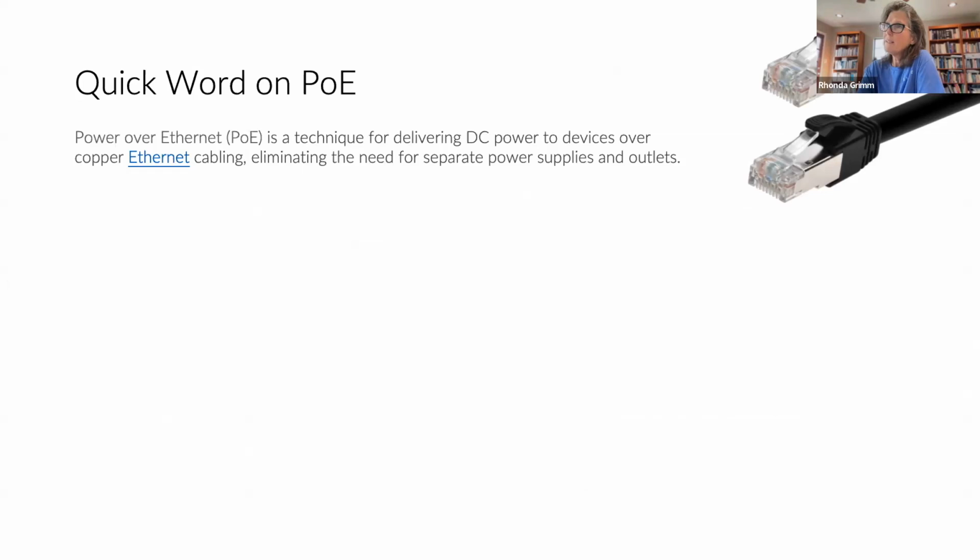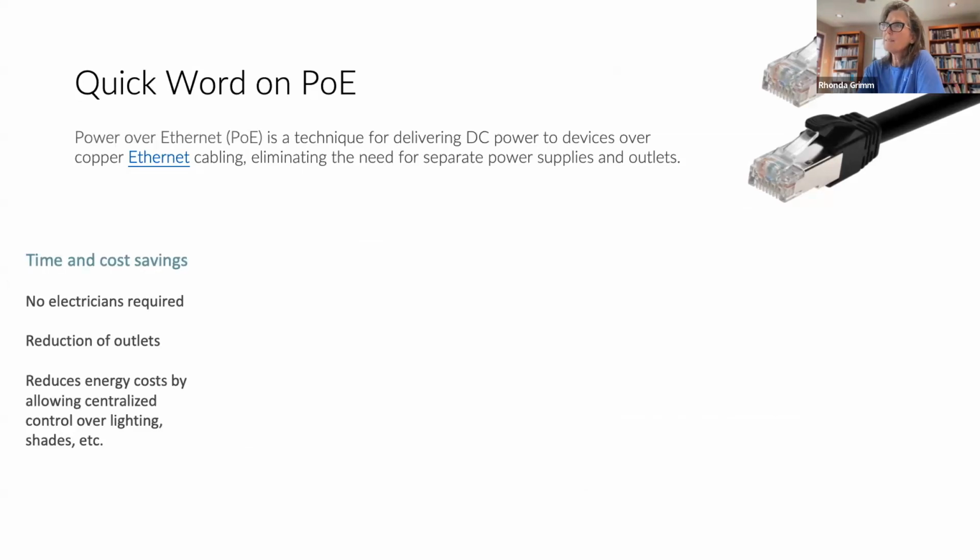It's super helpful. It will typically save you time and cost just because electricians aren't required, and you reduce the number of outlets. Basically, the cable transports power through the Ethernet to the device itself, so you don't have to look for plugs.